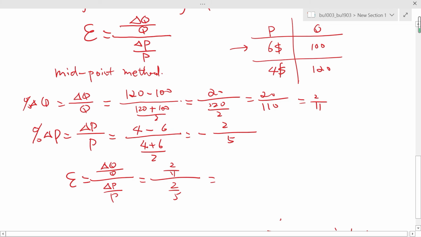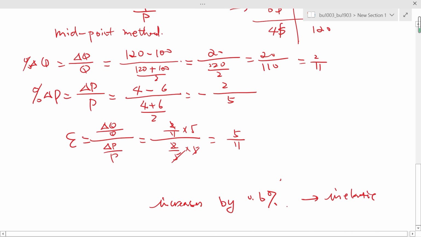And again, I'm ignoring the negative signs. So the 2s cancel out, multiply 5 on both top and bottom, this cancels out. So it's 5 over 11.